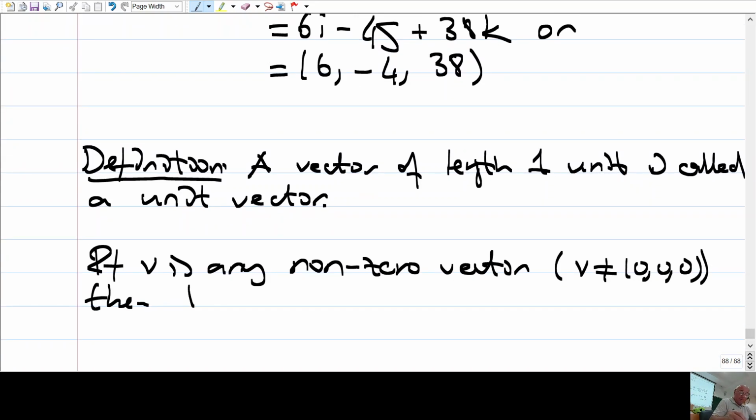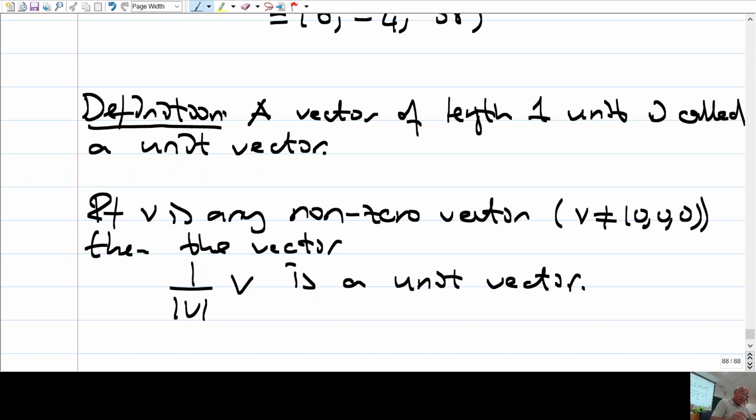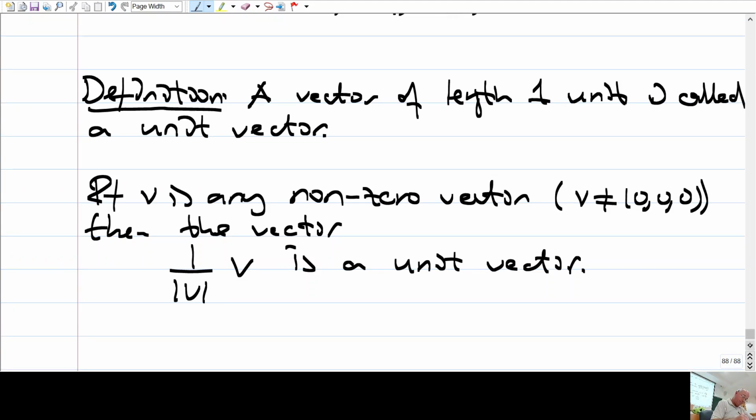Then the vector 1 over the length of v, take the length of v, this is a scalar, multiplied with the vector v, is a unit vector. You divide your vector by the length of that vector. What you get is now a vector of unit length.